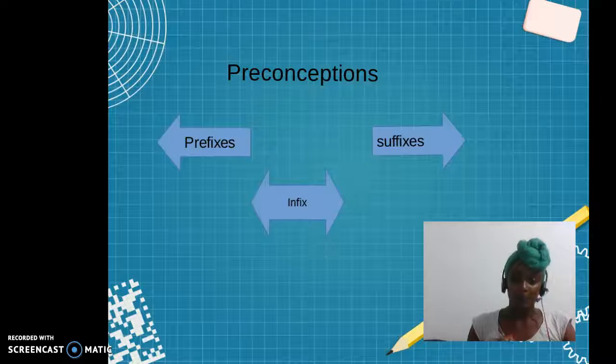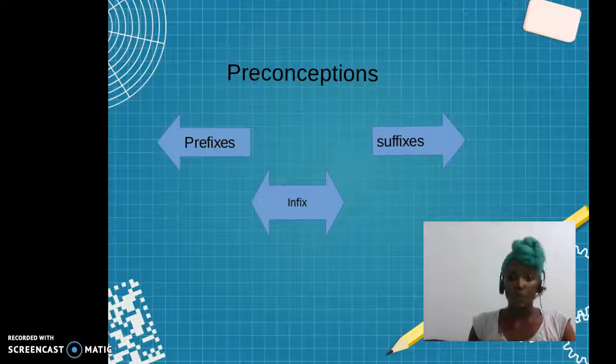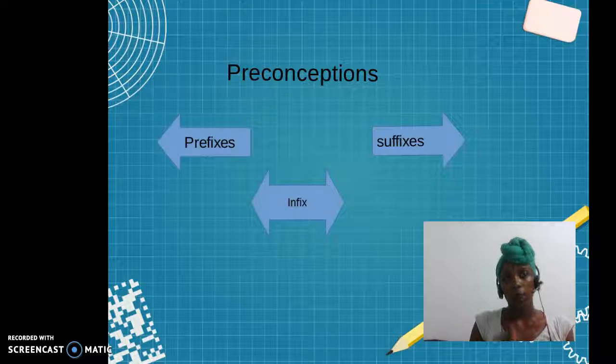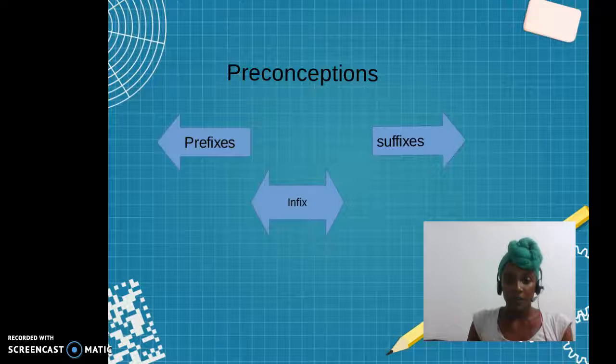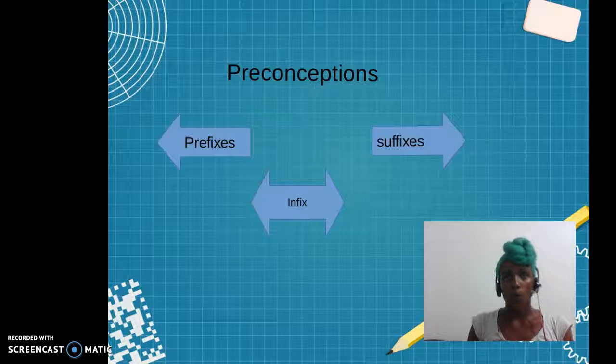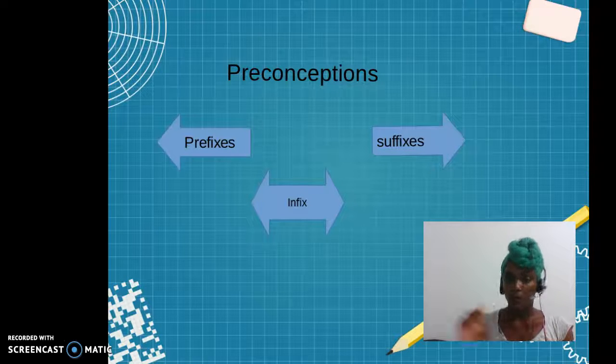It is a prefix when it is put before the word, or lexeme. It is an infix when it is inside the root or lexeme, and it is a suffix when it is put after the word or root.